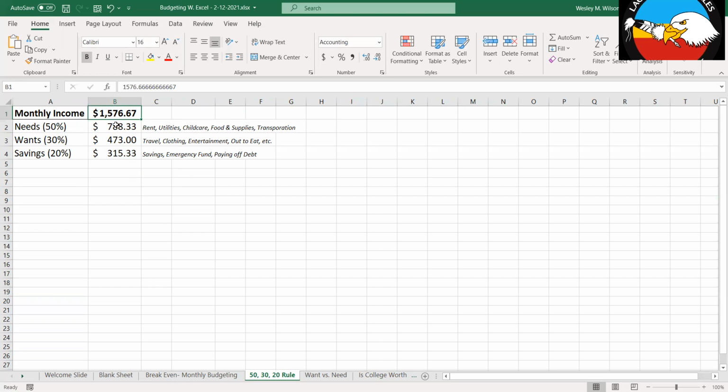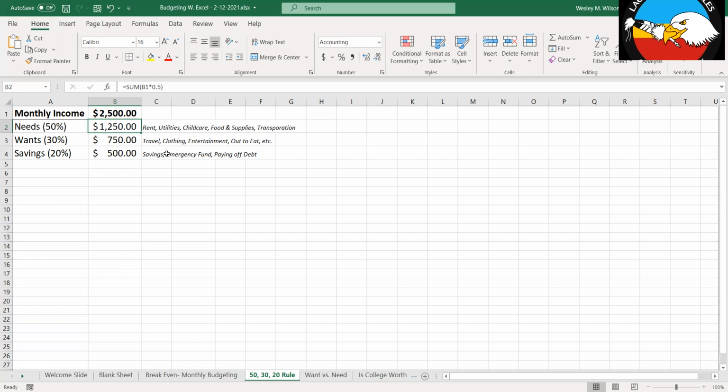Again, if this goes up, say he got a higher paying job and now he makes 2,500 a month instead of the 1,576, all of a sudden all of these amounts will go up with it. So the 50% now jumps to 1,250 and the wants goes to 750. So it's really just a matter of structuring with what you have to fit those particular amounts.